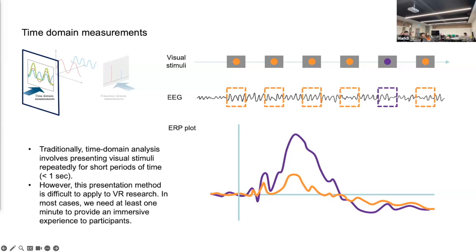But if we apply this setup to cybersickness research, it means we only show 1 or 3 seconds of a roller coaster to participants for like 100 times. How many times should I show them? And even if I could, it won't induce cybersickness. So that is the core problem.